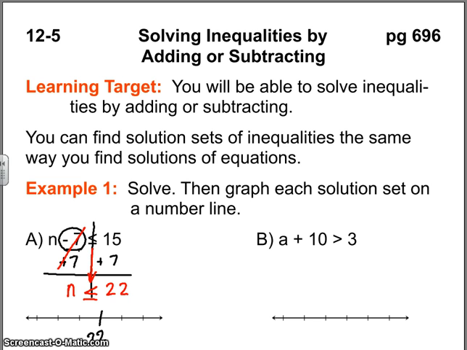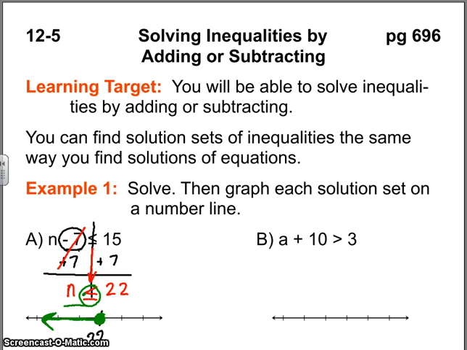I have the half equal sign, so that means my circle is closed because 22 is a possible answer. And if I read it left to right, n is less than or equal to 22. Less than goes to the left. And again, make sure you have your arrows to show that the solution set continues to the left.